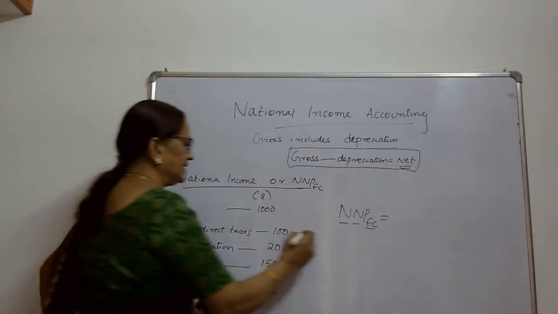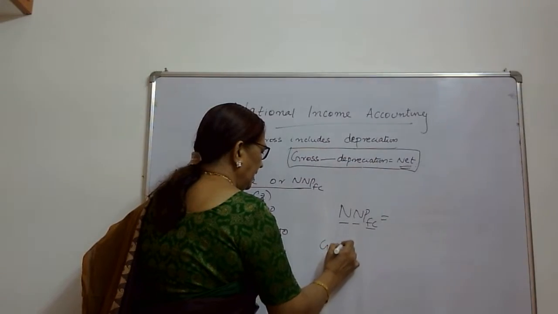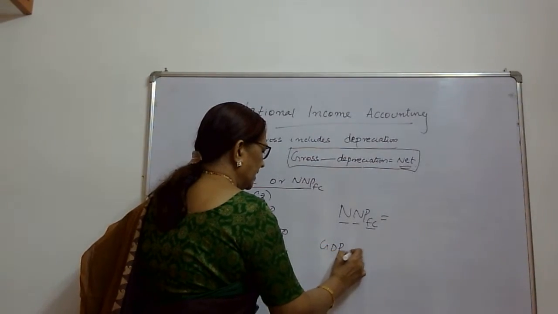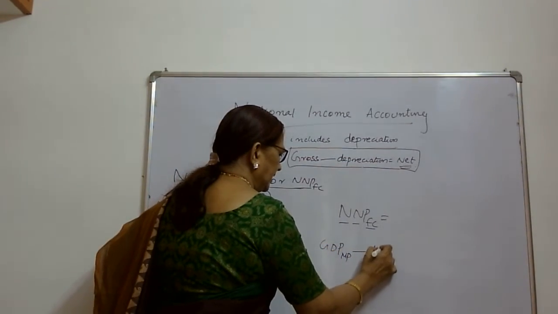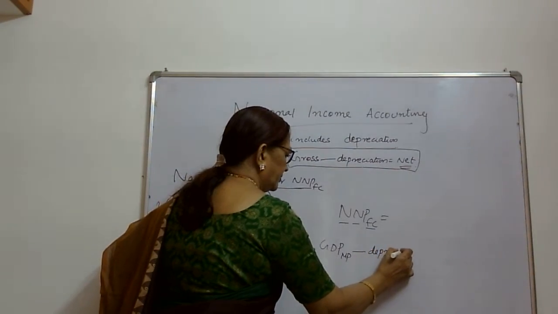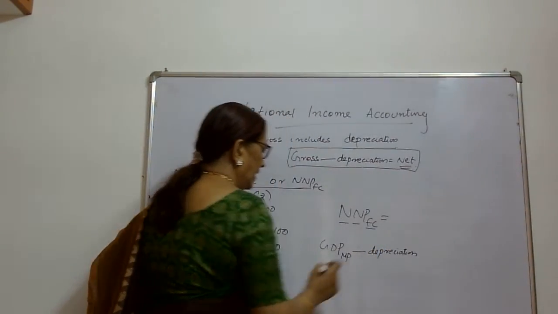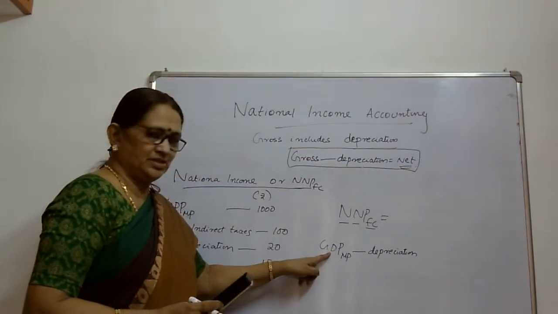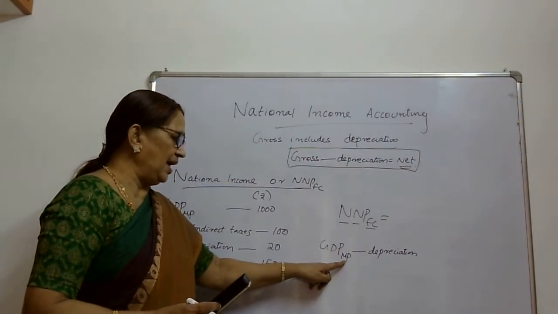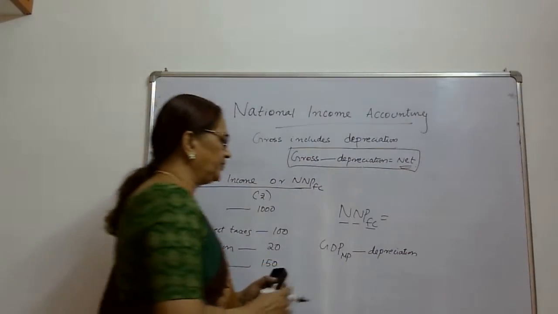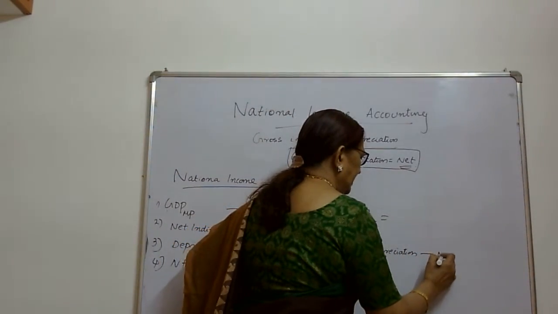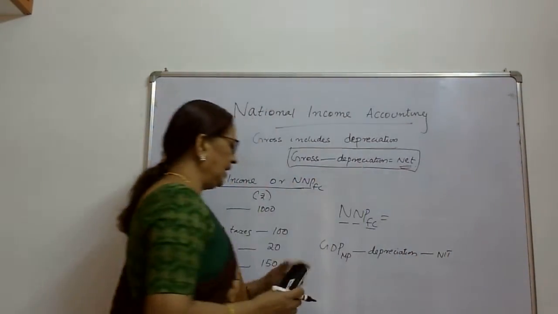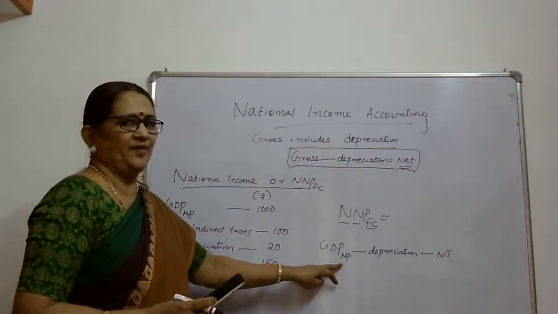So gross minus net. GDP at market price minus depreciation, this will become NDP at market price, minus net indirect tax. It will become NDP at factor cost.